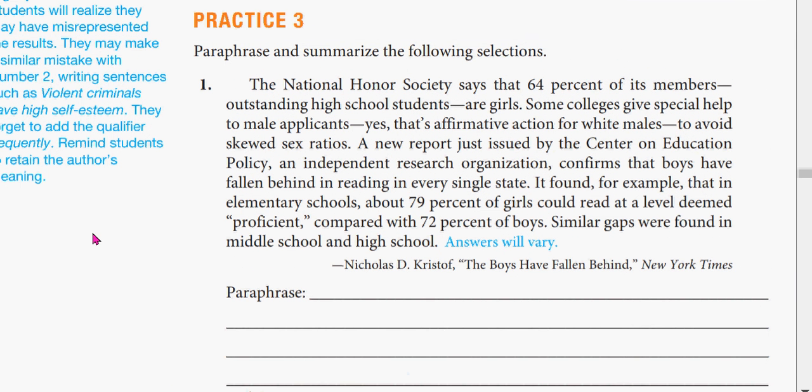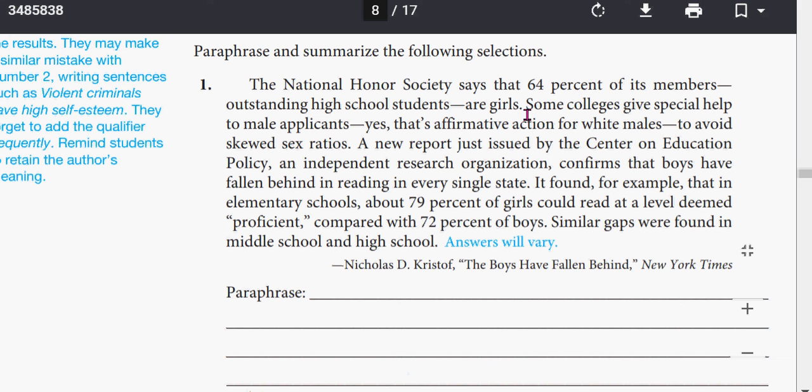It's about the National Honor Society, and this is a group of outstanding students who want to be recognized for being excellent students, but they found out, this organization found out, that most of its members, 64%, are girls.